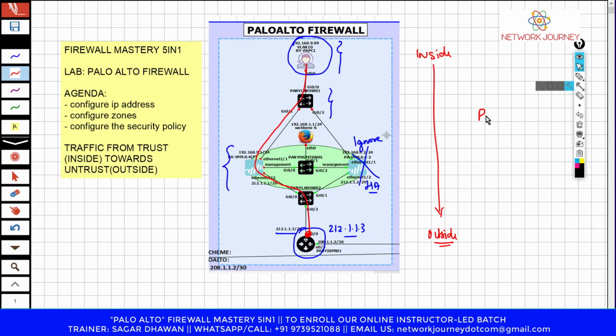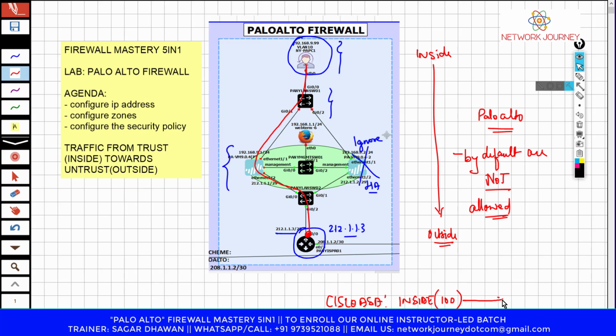Okay, and in the case of Palo Alto, inside to outside traffic is by default not allowed. Whereas if you check the Cisco ASA firewall, inside has a security level of 100 and the outside zone gets a security level of 0, so by default this traffic is allowed.